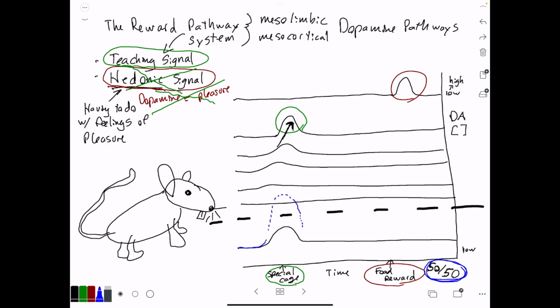This is what we see. A massive, significant, often doubling increase of dopamine. And this is more persistent over time, where it doesn't disappear as fast.